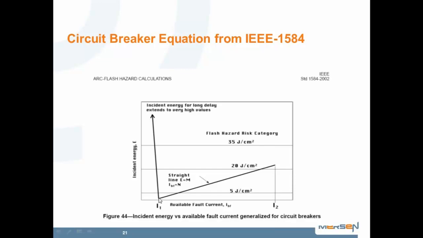because the circuit breaker has a fixed time and the current goes up, remember the I squared T, if T holds constant and I goes up with a square, you will get this phenomenon, and the more available fault current that you have, the incident energy will go up because it's a fixed time device.